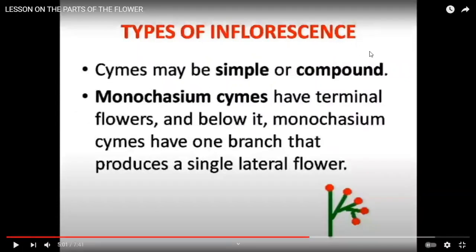And the cymes may be simple or compound. Monochasium cymes have terminal flowers, and below it, one branch that produces a single lateral flower. Okay. So look at the picture down there.